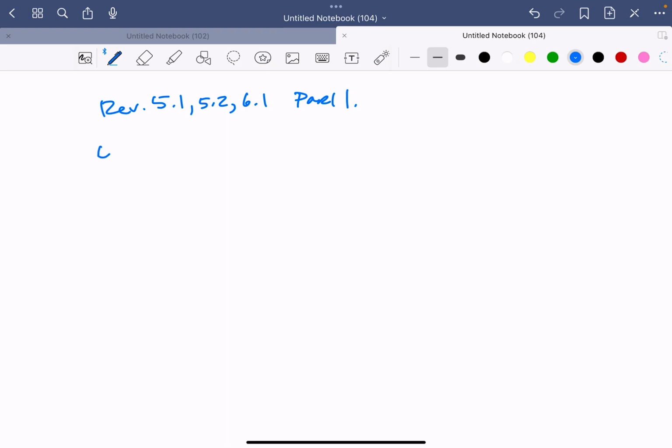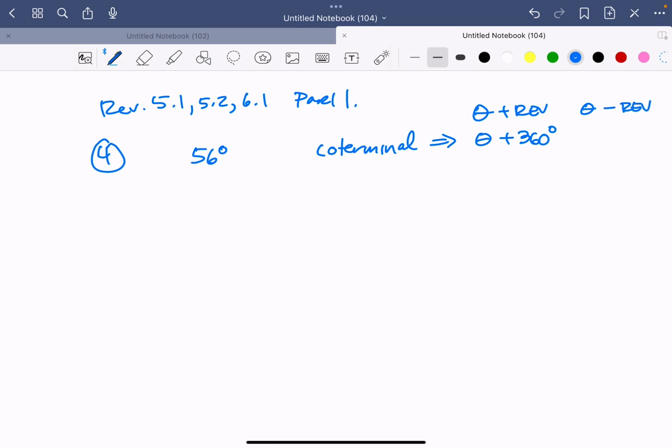So first, number 4, name 2 coterminal angles with 56. Well, if we're going to do coterminal, what that means is that you either take your angle plus 360. So what you're going to do is you're either going to add a revolution or you're going to subtract a revolution, and you can get a coterminal angle.